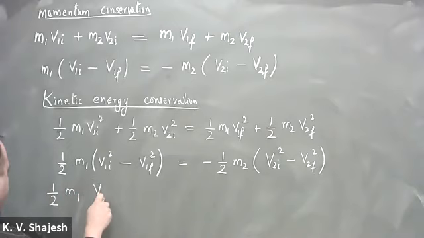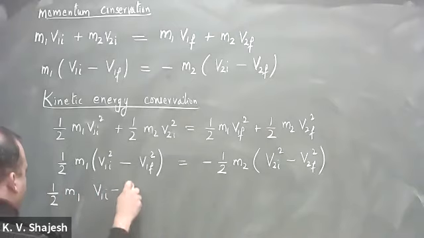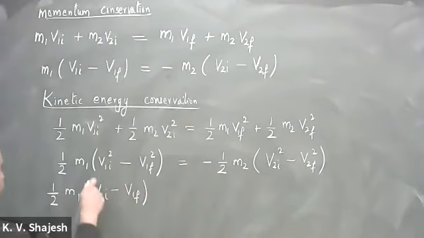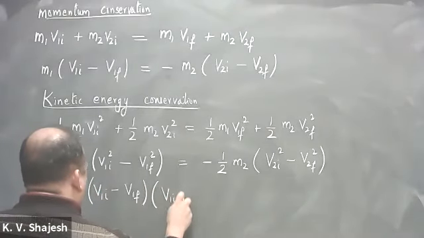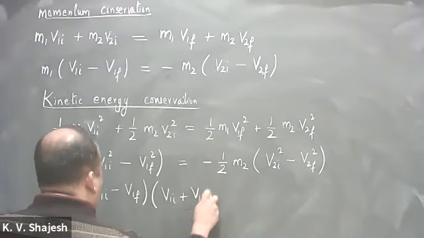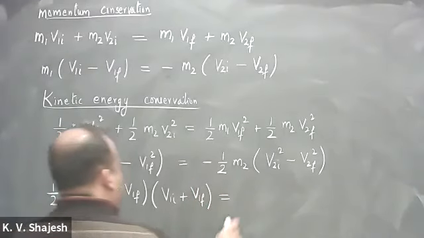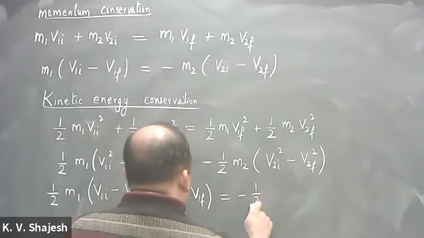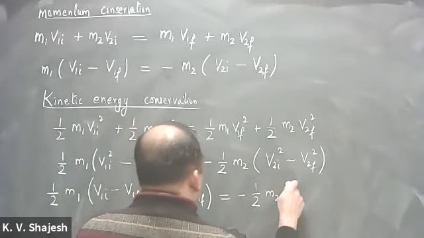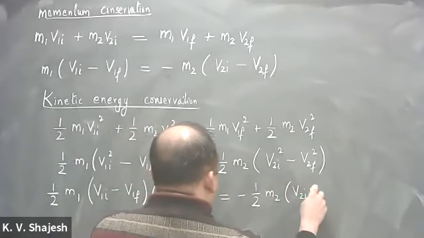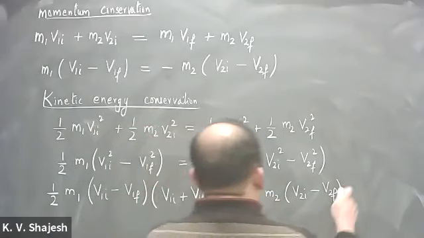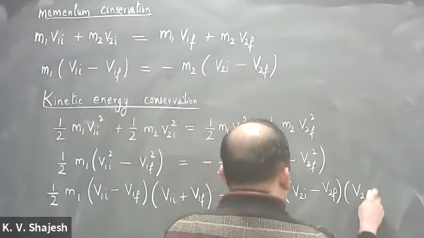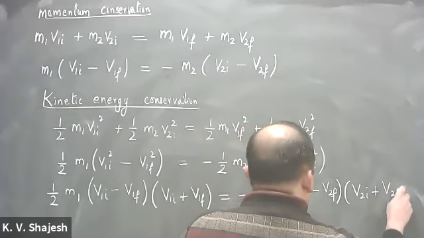So V1 initial minus V1 final times V1 initial plus V1 final is equal to minus half of M2, V2 initial minus V2 final times V2 initial plus V2 final.